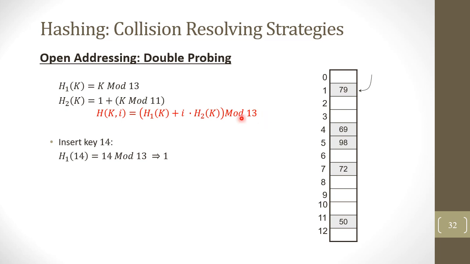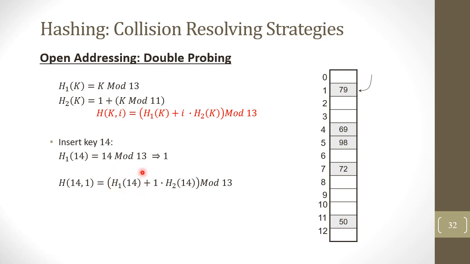For that, we will use the following function. Since it is our first probe, i will be equal to 1. So we'll have hash with function 1 of 14 plus 1 times hash with function 2 of 14, mod 13.